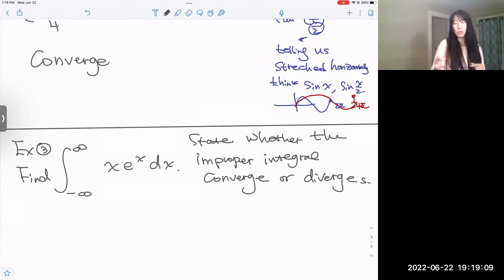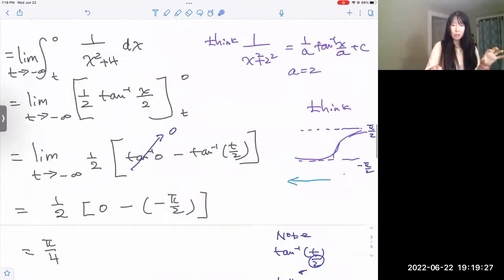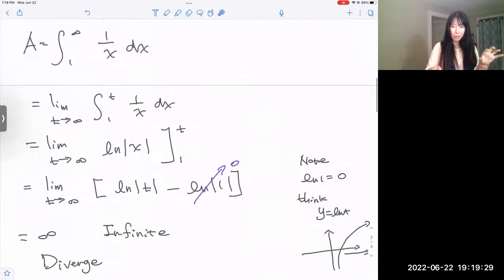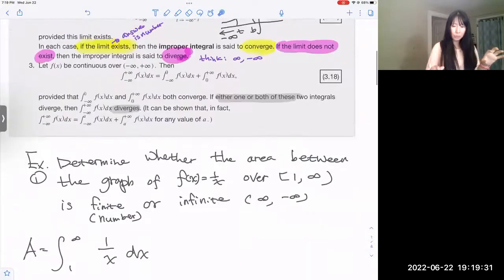All right, so look, we cannot use negative infinity in the integration because we have to have a definite integral, with a number.